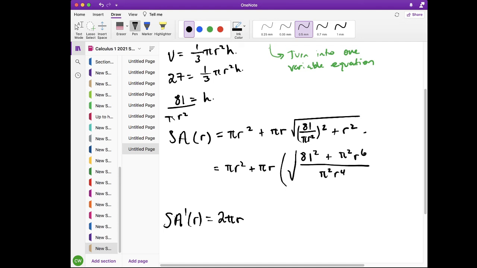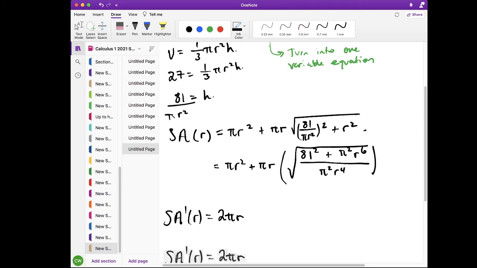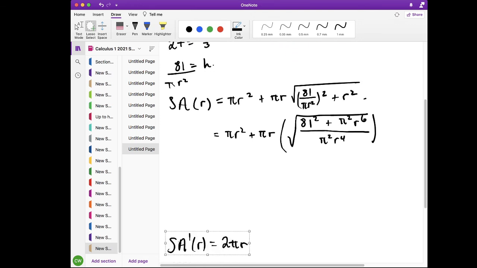So we can simplify this to pi r squared plus, so notice that when you take the radical of the denominator, the pi r cancels out. You get 81 squared plus pi squared r to the 6th, and in the denominator you're still left with an r.